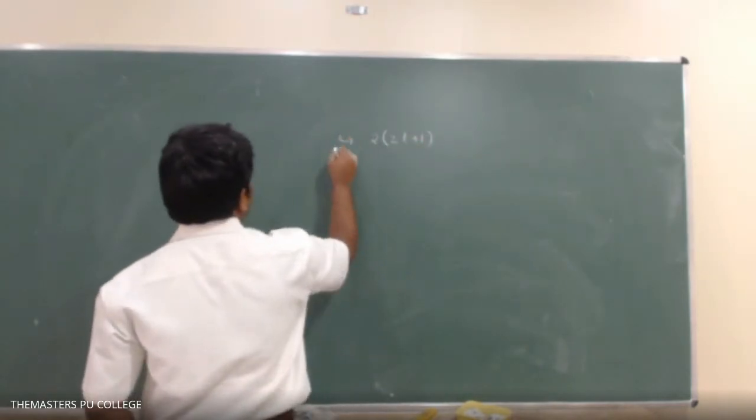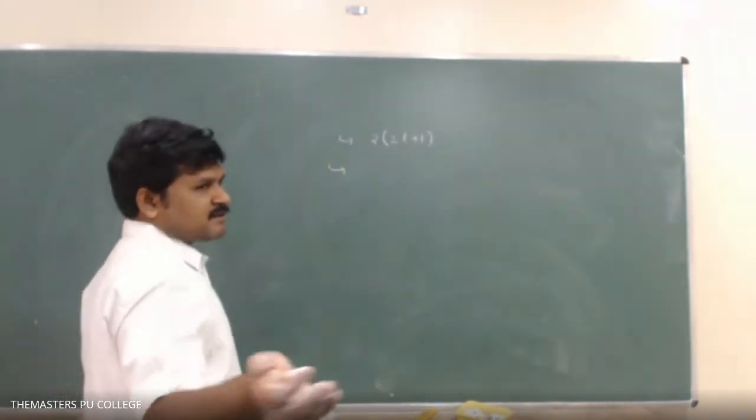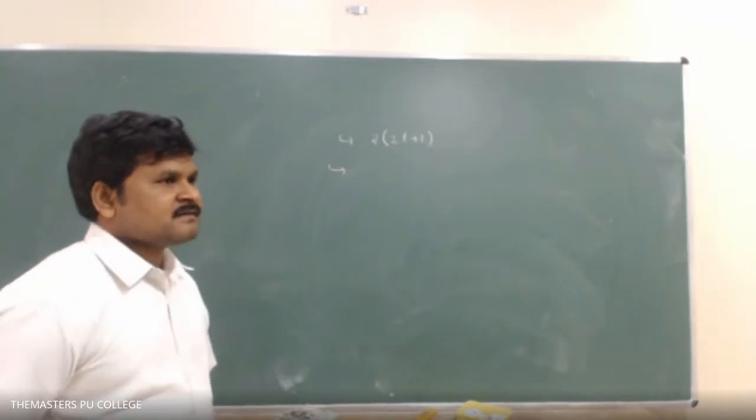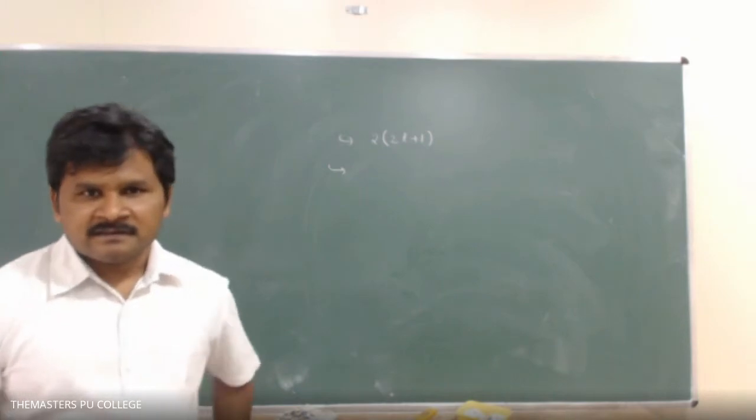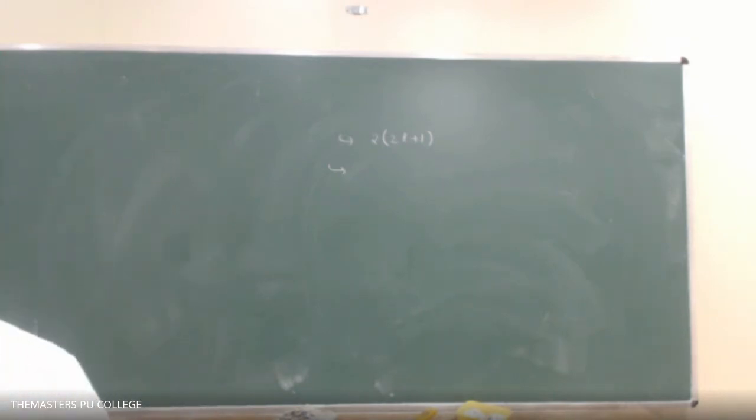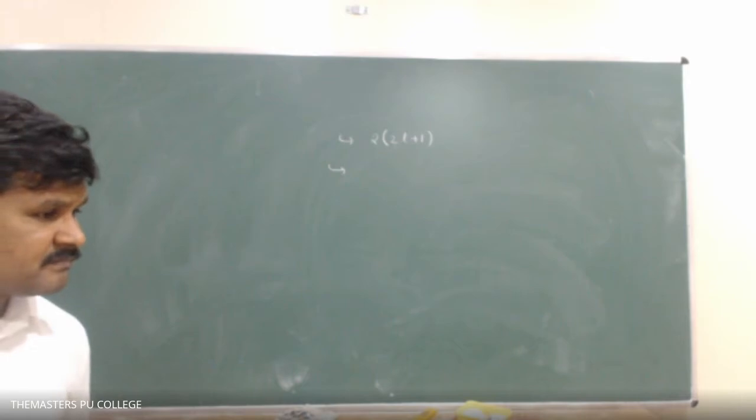Okay. Next, last formula: number of electrons in an orbital is equal to 2.